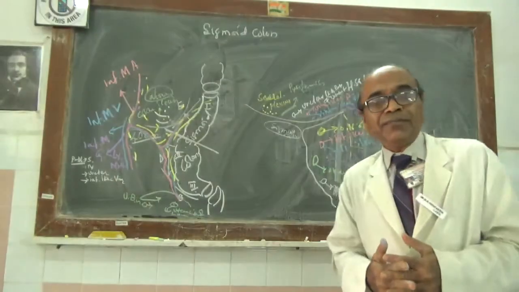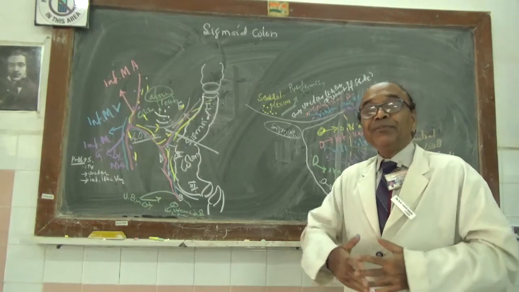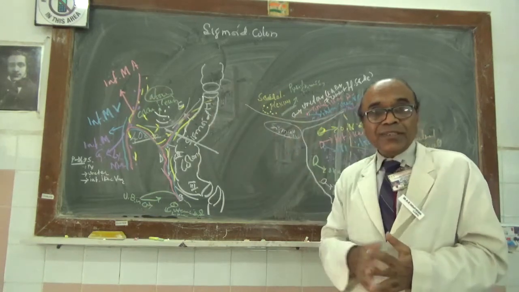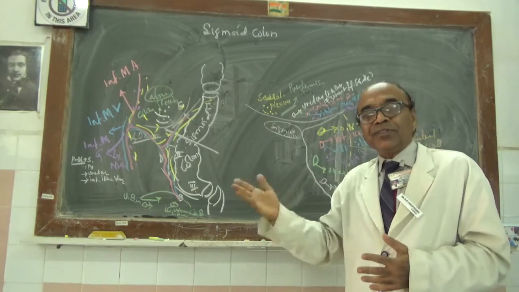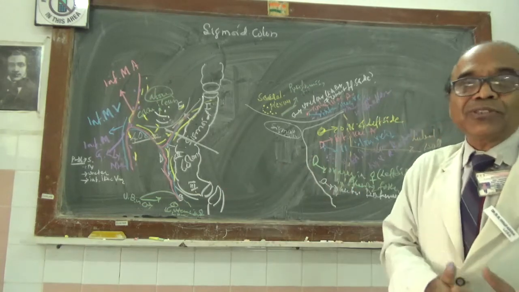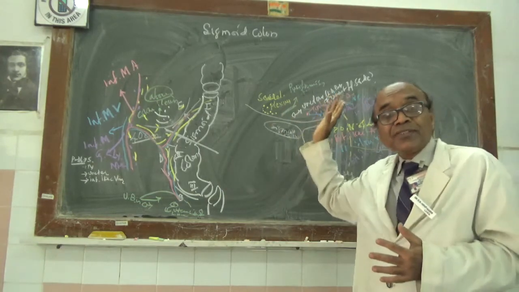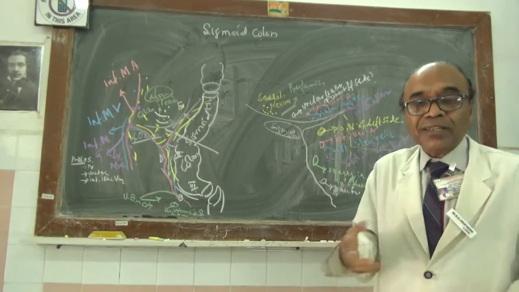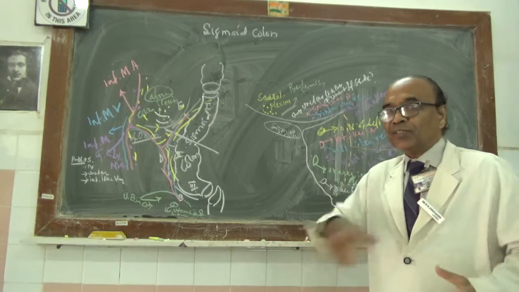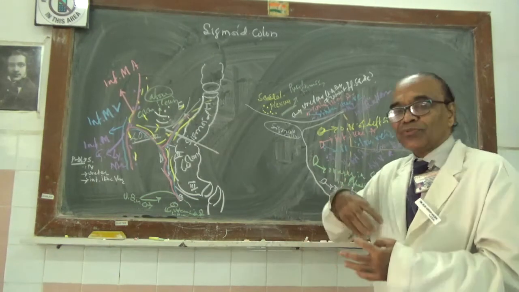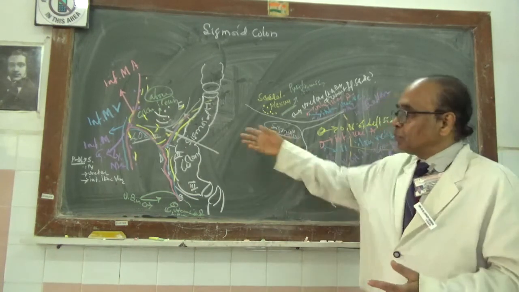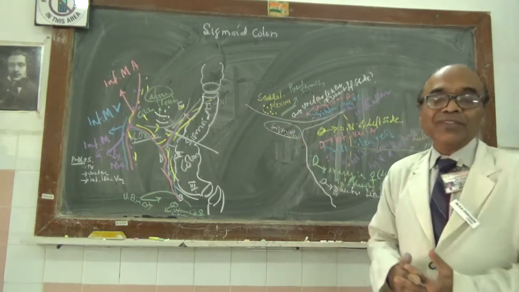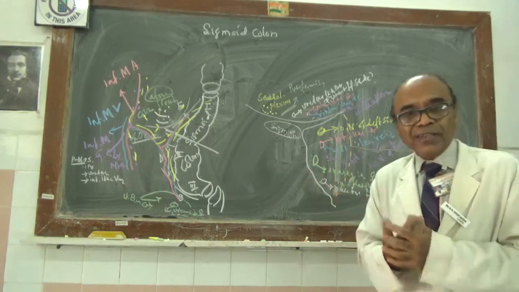Appendices epiploicae are very much rampant along the entire course of the large intestine, but they are not found in the jejunum and ileum. But jejunum and ileum are thrown into folds and coils. Now this folding or coiling is not found in the large intestine, but the large intestine has the sacculations. So these are the differences.